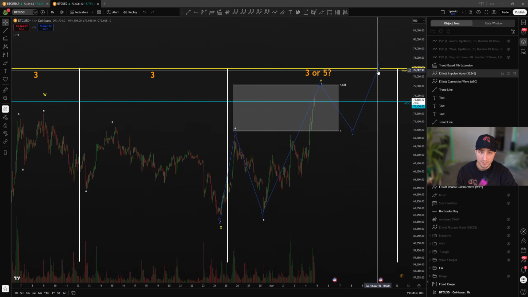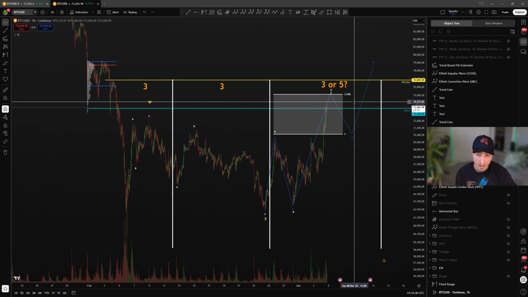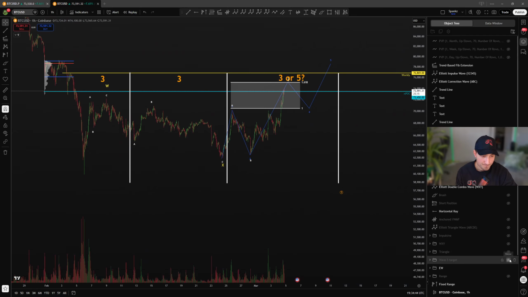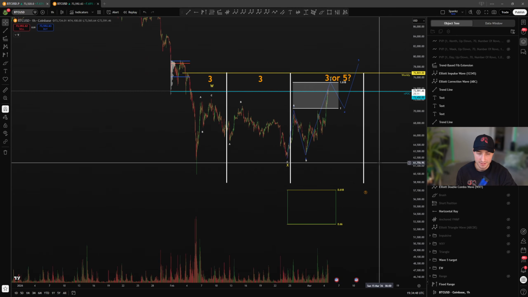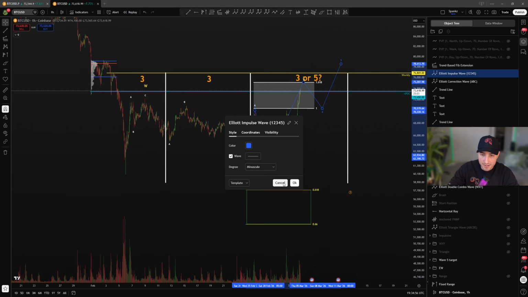So again, that would be a wave 4 completion, or a larger WXY for 3 3 5, and you would swing that back down into the wave 5 target of the 0.618 and the 0.66 Fibonacci's, and that's from the bear market lows to the bull market all-time high that we have right now. So that is kind of how I'm looking at this overall structure from an Elliott Wave perspective.